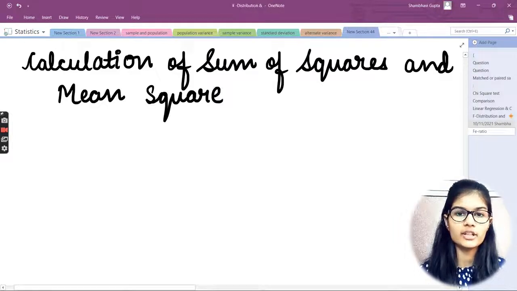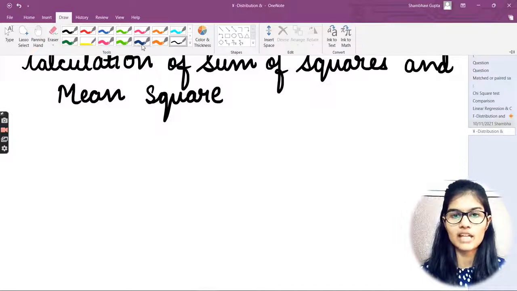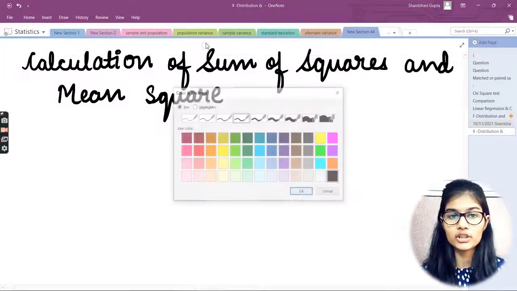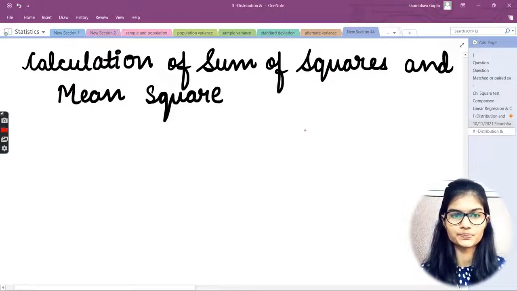Okay, so this is what we are going to discuss. We'll see how to calculate the sum of squares and the mean of squares. So what's the procedure that we need to follow? All those things we'll be seeing here, right?